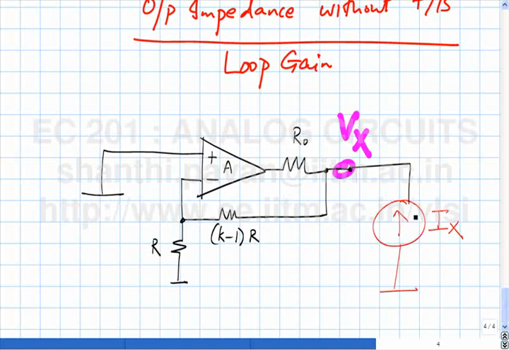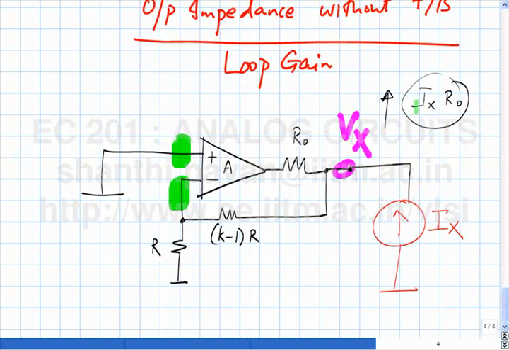When you pump Ix into R0, the output Vx will tend to rise to Ix times R0. If the output goes to Ix times R0, what is the negative feedback loop attempting to do? It is trying to keep this node voltage equal to this node voltage. That's all the negative feedback loop is trying to do.